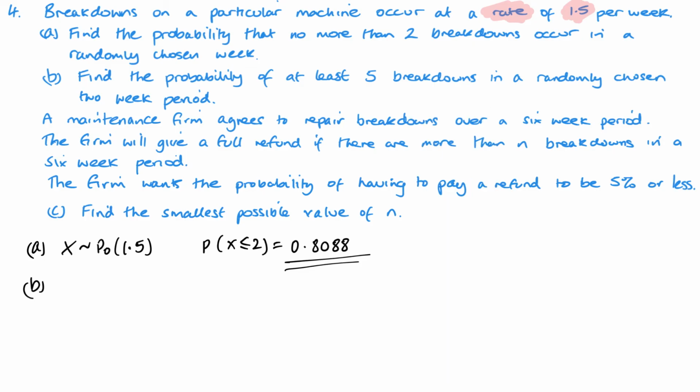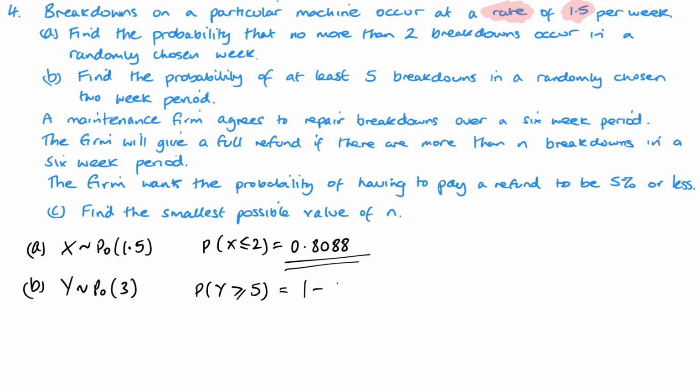Now part B says the probability of at least 5 breakdowns in a randomly chosen 2-week period. So now we need to adjust our distribution. Over 2 weeks, it's going to be lambda is 3 now. And at least 5 means that we're looking at 5 or more, so greater than or equal to 5.